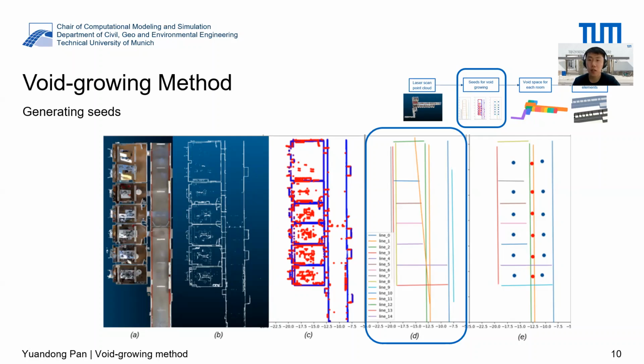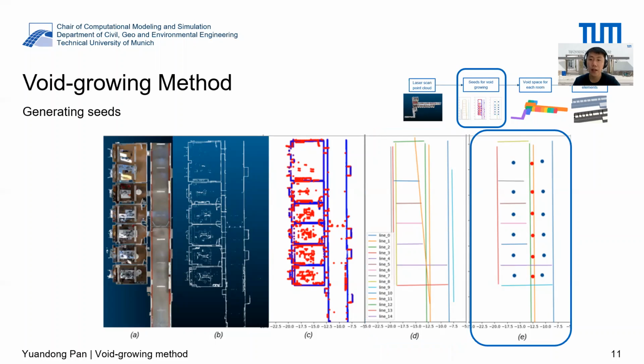And if a set of parallel lines are near to each other, we only select one line from them, because these lines with small distances between them cannot be two boundaries of one room. At last, we extend the remaining lines to get polygons and select the geometric center of polygons as our seeds for the next step. In this step, we only need to select all these seed points roughly.